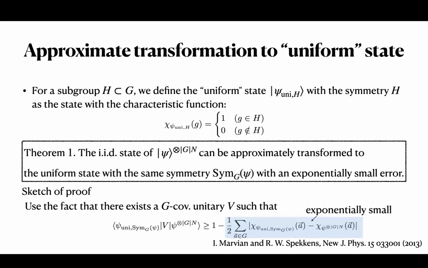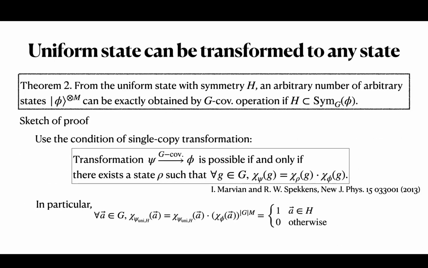And second, we can prove another theorem stating that from the uniform state with symmetry H, an arbitrary number of copies of arbitrary states phi can be exactly obtained by a G-covariant operation if H is included in the symmetry of phi. We also skip the proof.